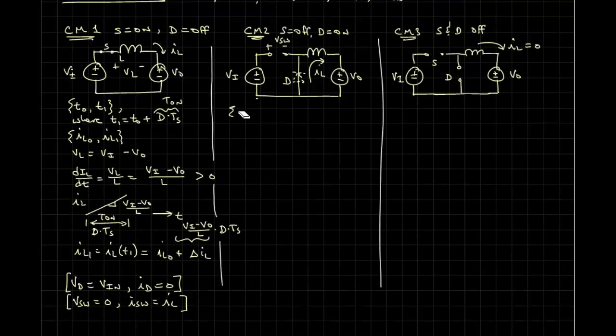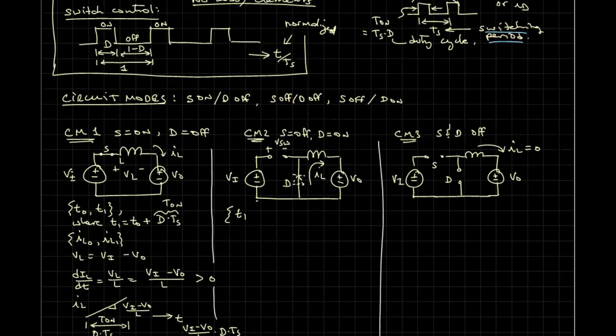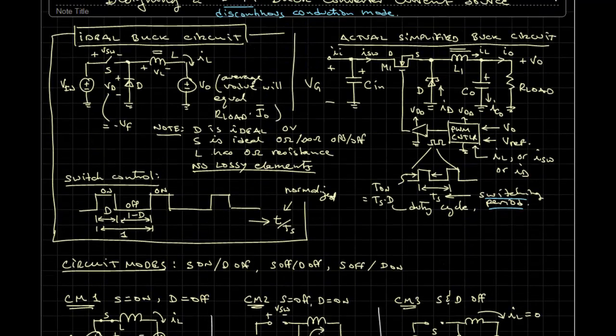Okay, circuit mode M2 occurs when at time t1 we turn off the switch. We go back and look at our circuit. If we have current flowing initially out through the inductor to V out, when we turn that switch off, imagine that there's a little bit of capacitance across that switch.